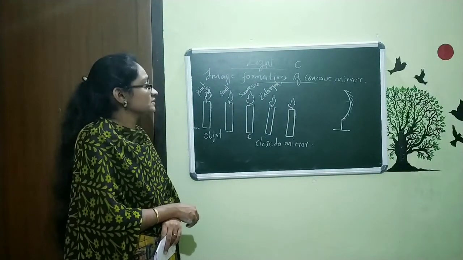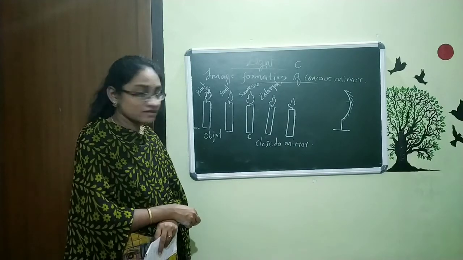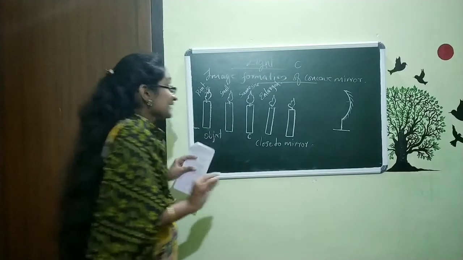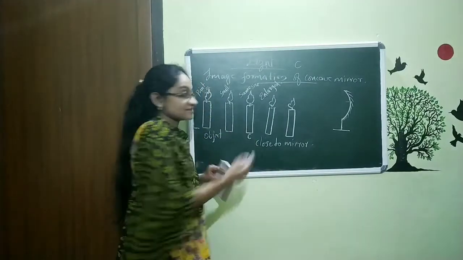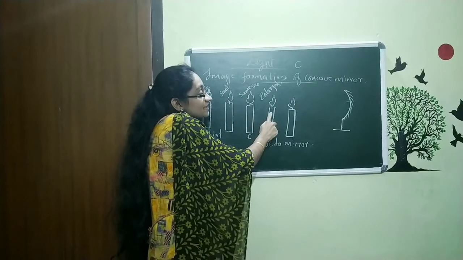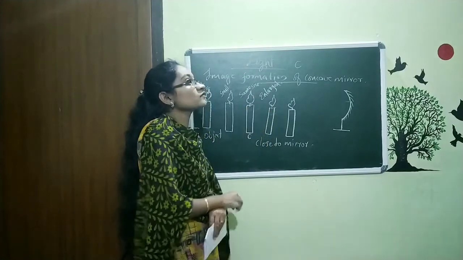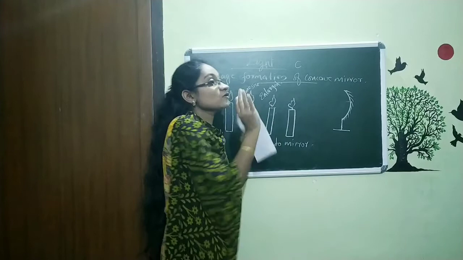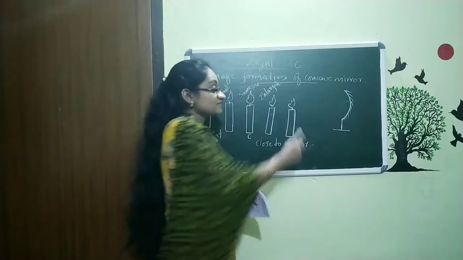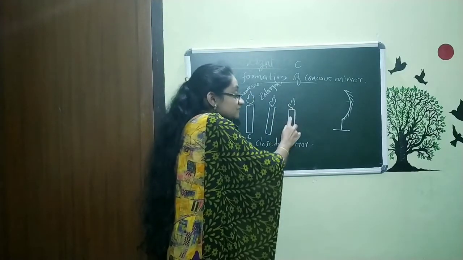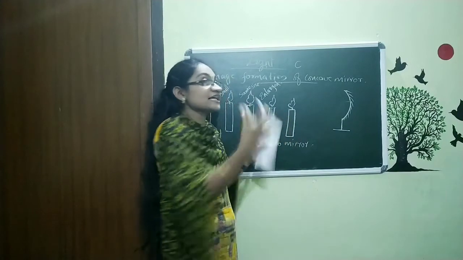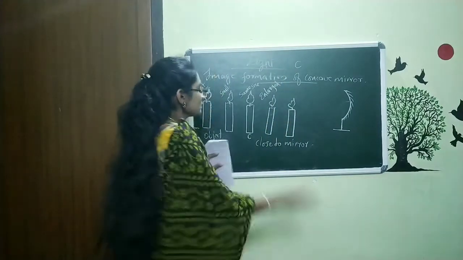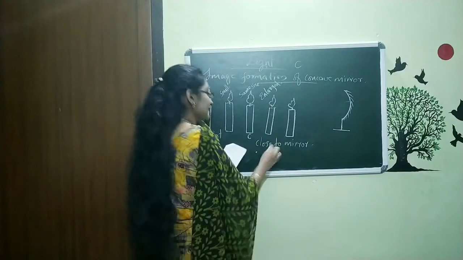Is it small, same size, enlarged? What do you think? It is highly enlarged. That means suppose here we get the image of 5 centimeter, then here we get the size of the image as 10 centimeter. That means this object gives an image bigger than this. A little more bigger. So we can say highly enlarged.